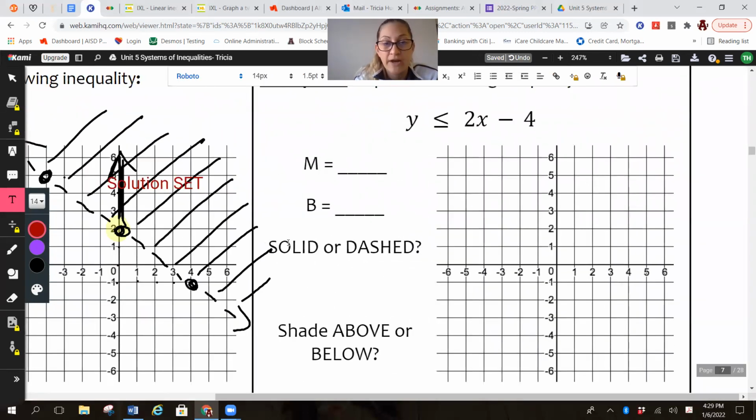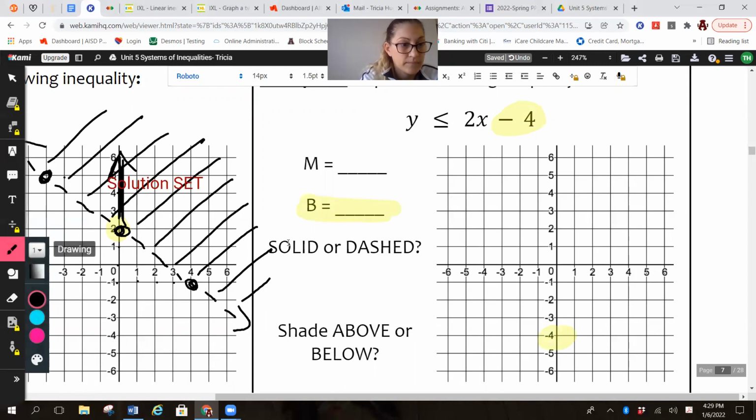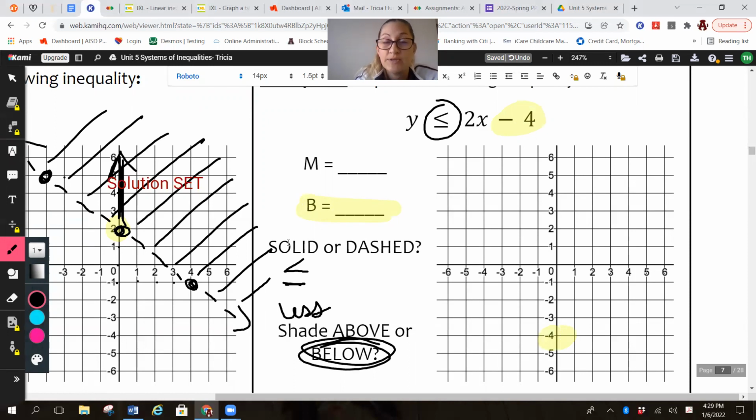All right, final graph example. We have our y-intercept. I have my inequality sign is less than or equal to. Since it does say the word less, I know it means below. Okay, and then I know it's going to be solid.